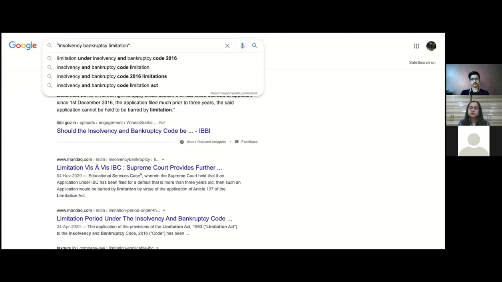Then, a piece of advice: try and refrain from Indian Kanoon. Indian Kanoon is readily accessible and very good. I would always appreciate the fact that Indian Kanoon is an open access database, and any law student or lawyer can easily research. For example, when you're writing a blog post, you hyperlink Indian Kanoon links.